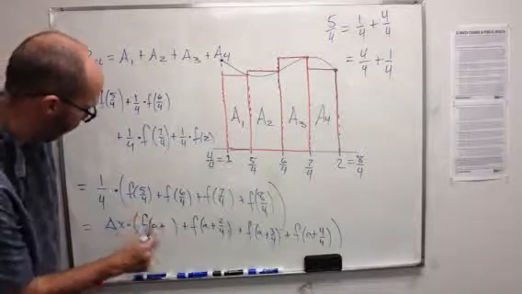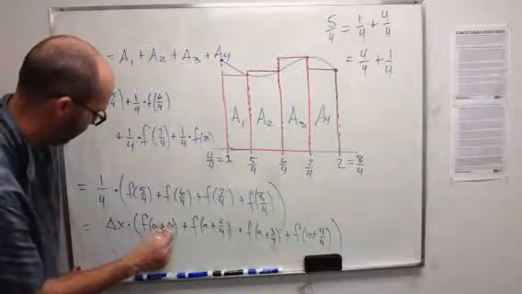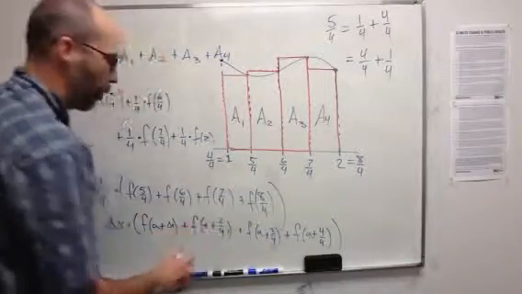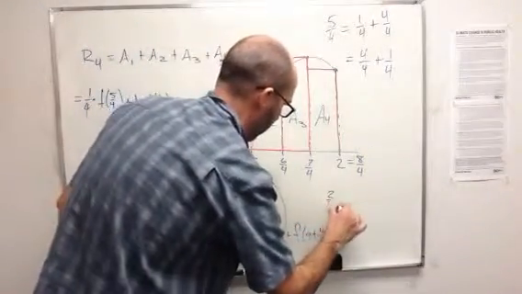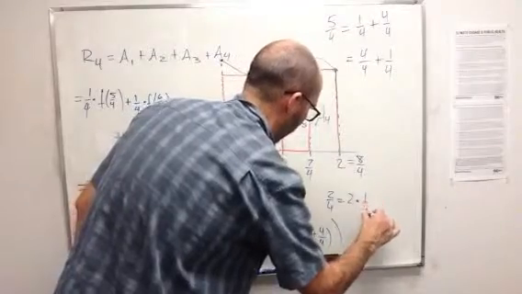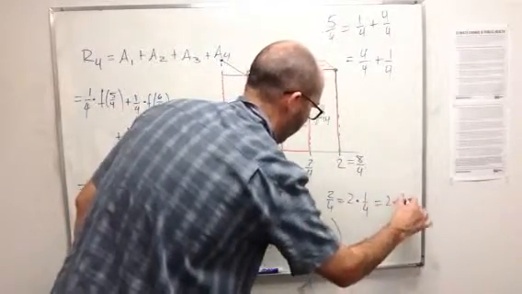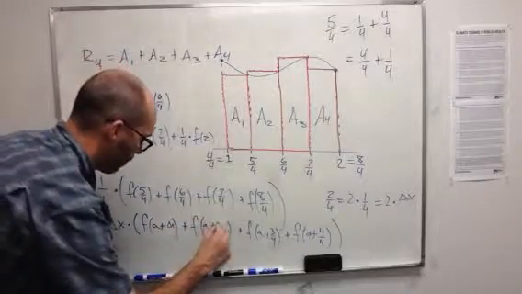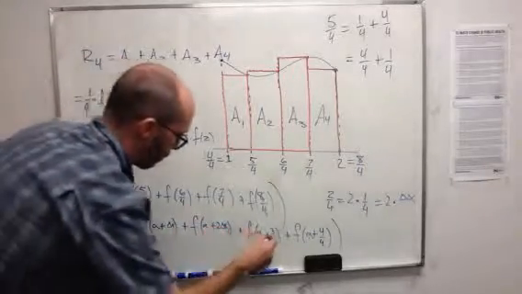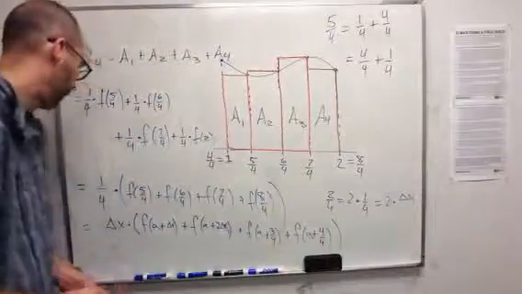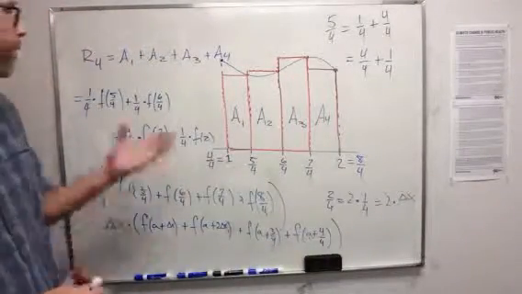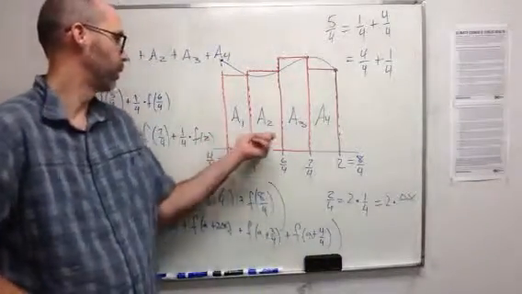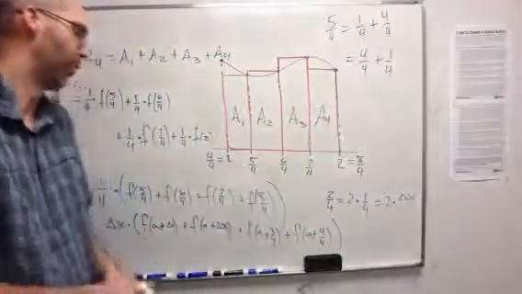One-fourth is our delta x. 2/4 is 2 times a fourth, so that's 2 times delta x, plus 3 delta x, plus 4 delta x. That's where our definition comes from. It's really just adding a1 plus a2 plus a3 plus a4.